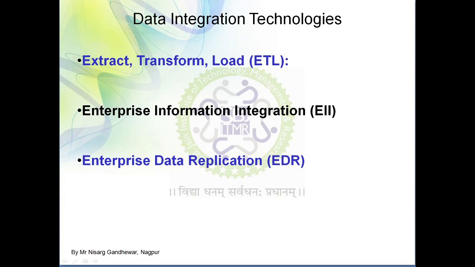The third one is real-time data replication. If we talk about the reliability of data and availability of data in multiple forms at multiple places, this is again a very important thing, because most of the time you may face an issue when the platform of the data is changed.